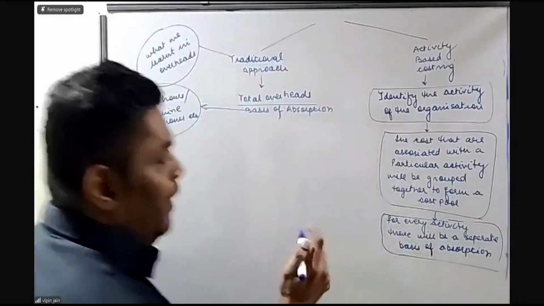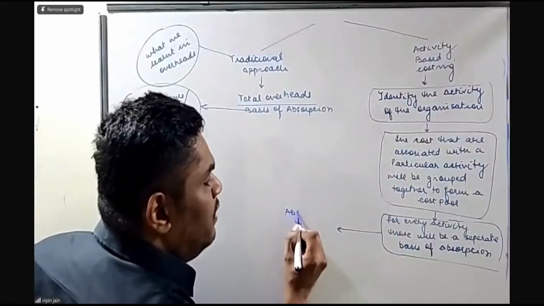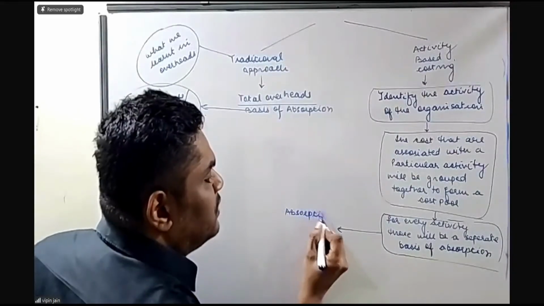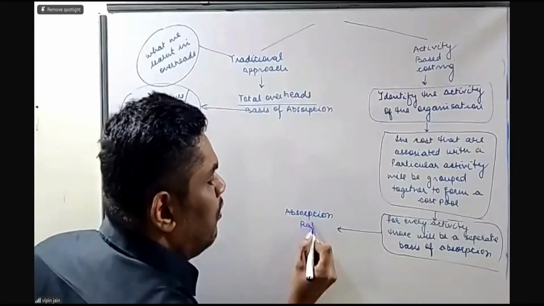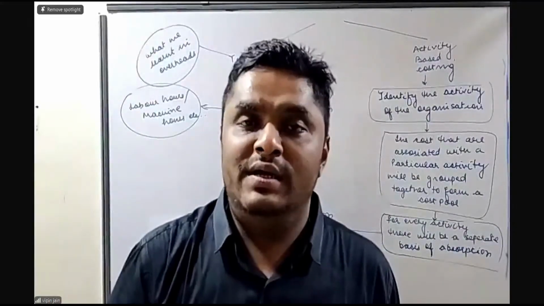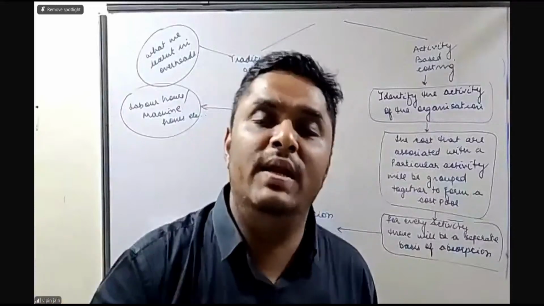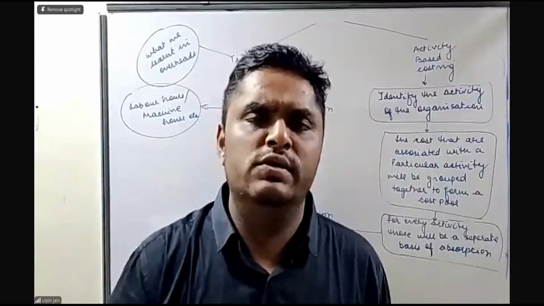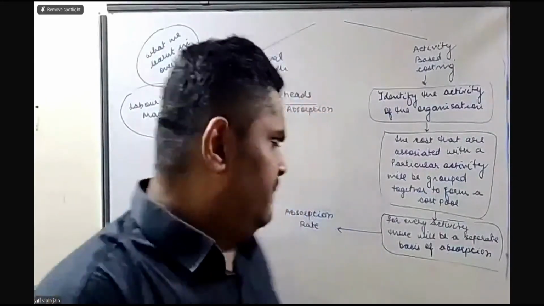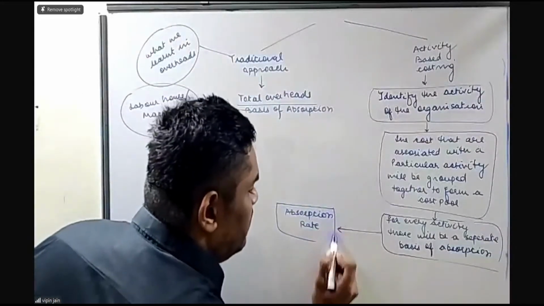Now, once it is identified, we will calculate the absorption rate. That is the total amount divided by the units. It can be labor hours, it can be the number of setups, it can be the number of production runs also. I'll be discussing this part. So thereafter we will calculate the absorption rate.